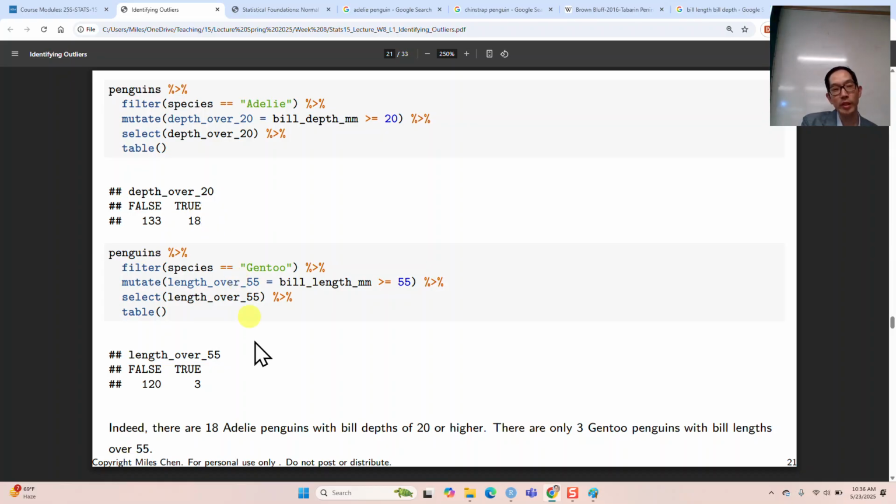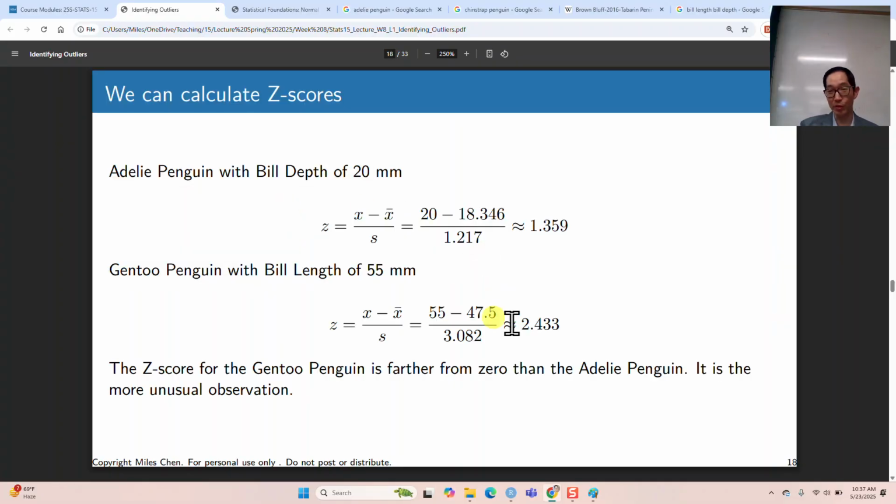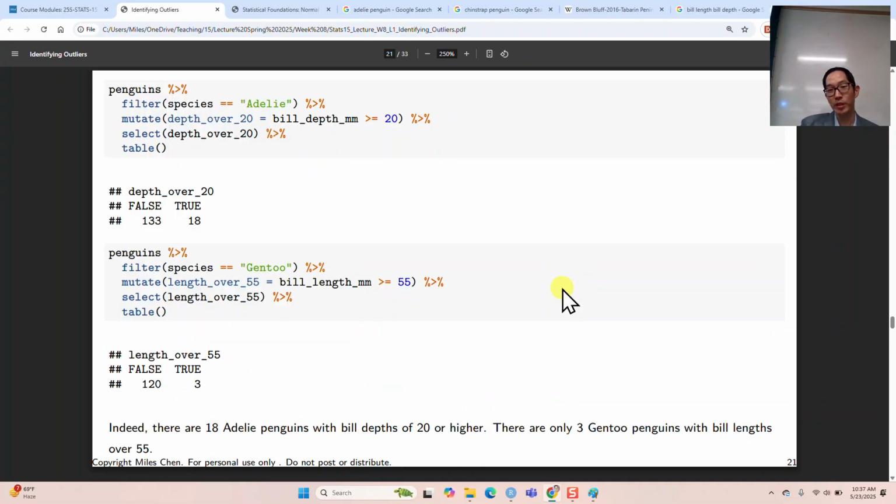And for the Gen 2 penguins, how many have bill lengths over 55? There were only 3 out of 123. So just by looking at the counts or even the proportions, there are very few Gen 2 penguins with bill lengths over 55, and over 10% of Adelie penguins have bill depths over 20. Again, this confirms what we saw with our z-scores and with our histograms.